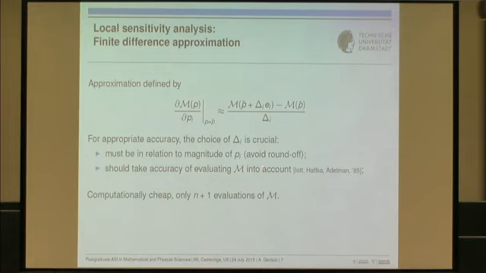It should also take into account the accuracy with which you approximate your model M. If you have iterations and discretizations in your computer code, and M is only determined up to a certain accuracy, it does not make sense to consider very, very small parameter changes, because then the effect of the parameter change will be below the numerical noise that comes from limited accuracy in evaluating M.